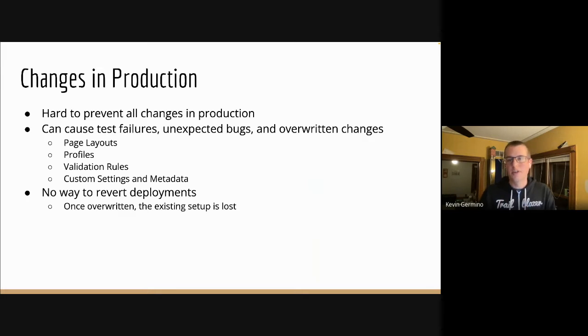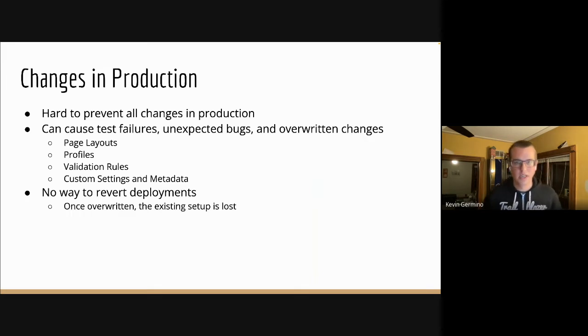Some of them can break your unit tests. We said validation rules, custom settings, metadata, etc. Other ones might not break your unit tests, but if you deploy a page layout and your admins are used to changing page layouts in production, you're overwriting the entire page layout. All of their changes are gone. Everyone's sad. So a lot of friction can come from things happening in production that you weren't expecting.